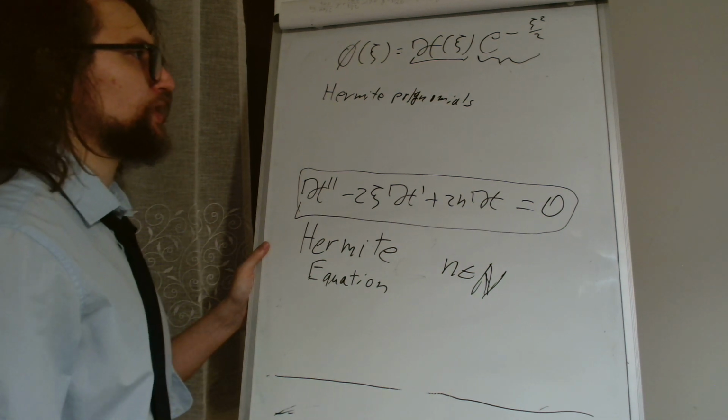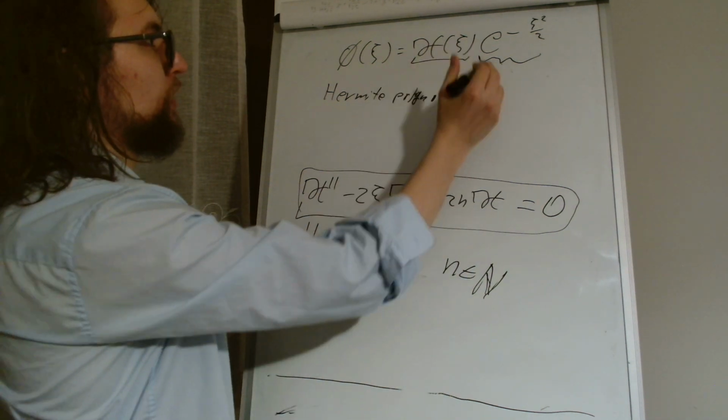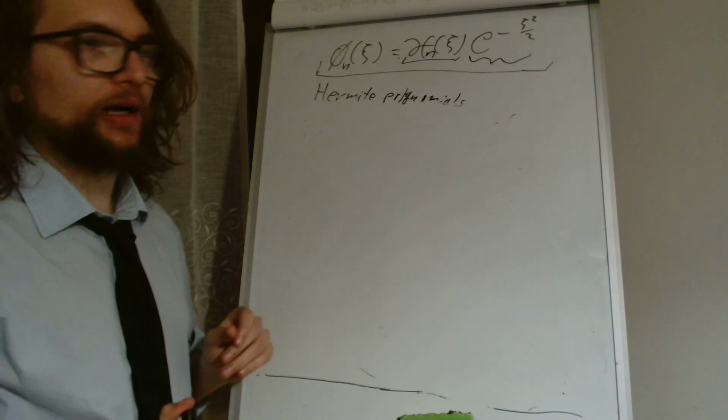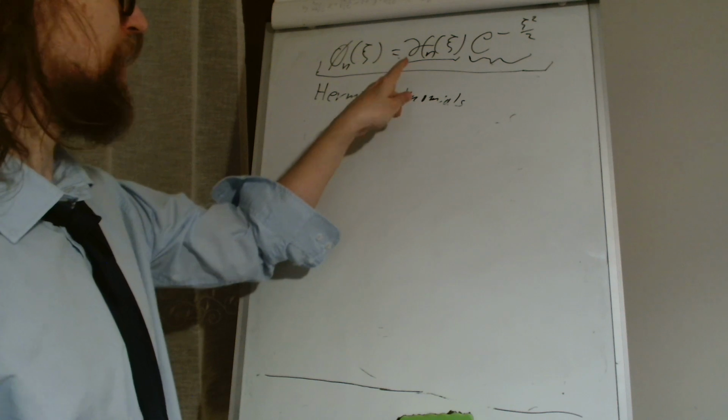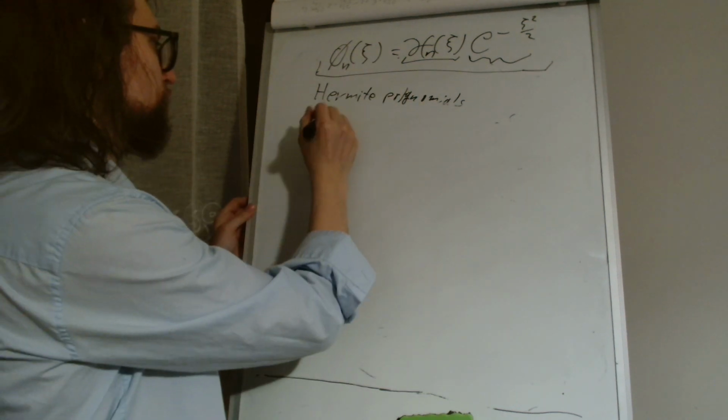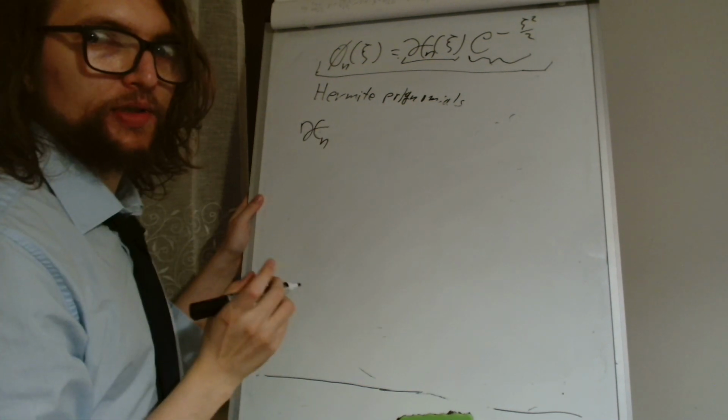So our general solution will be a Hermite polynomial times the solution at infinity. Now we will have a Hermite polynomial for each value of the parameter n, and Hn is called the Hermite polynomial of degree n.